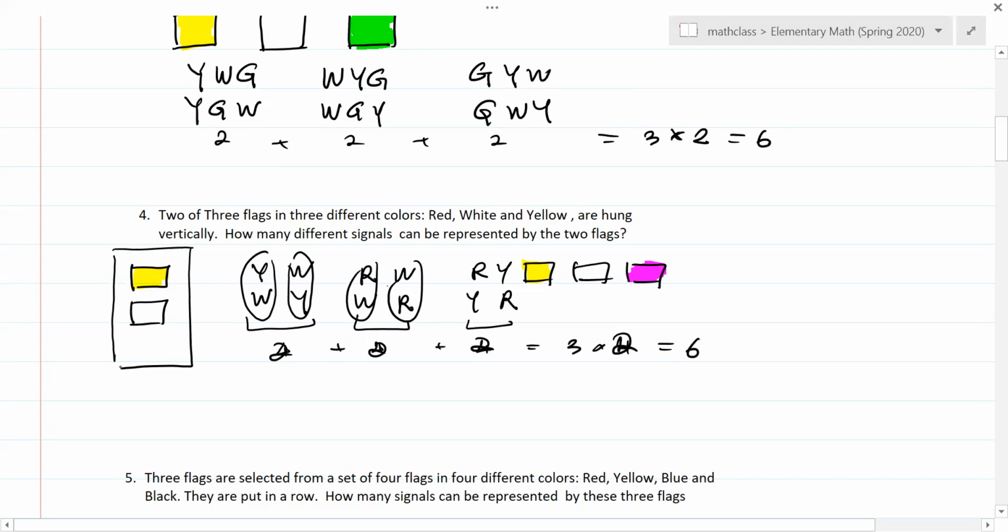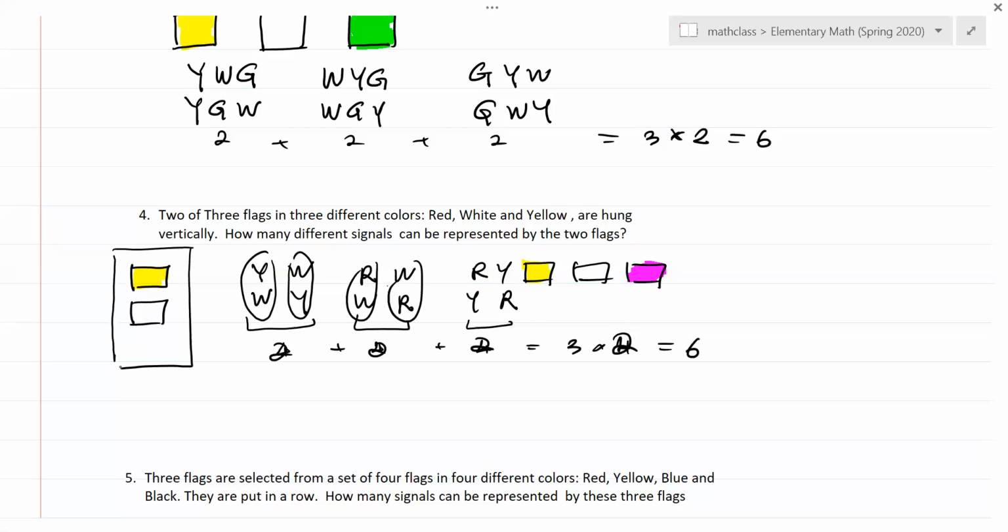Okay, if you only pick up 2 flags, each combination only has 2 different signals here. There are 3 different combinations you can get, and it depends on which flag you're going to put in the box.